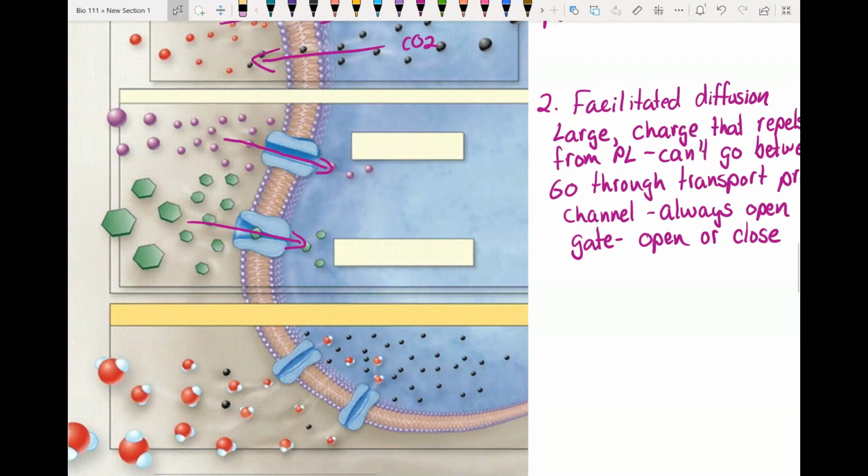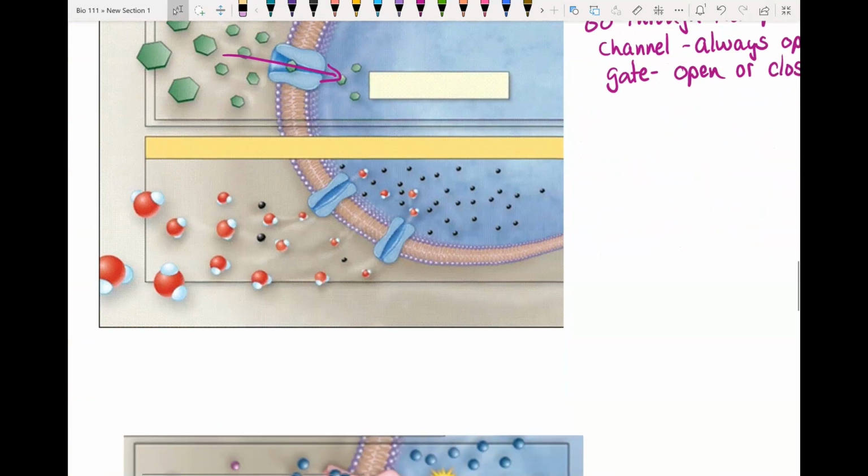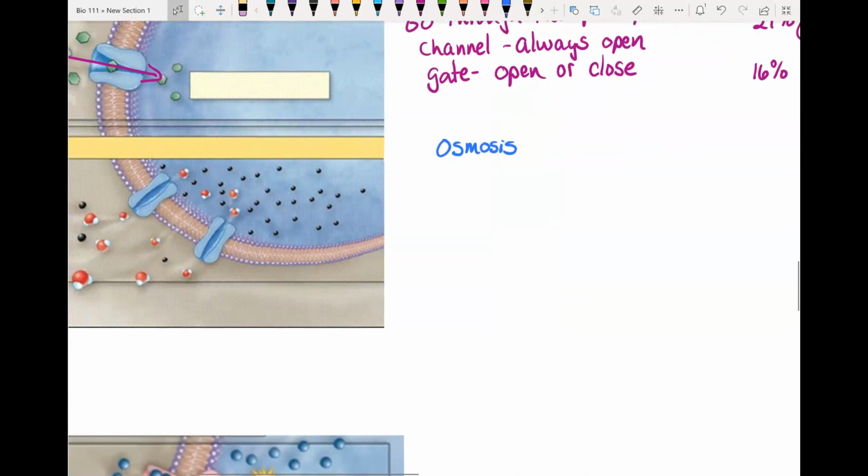All right, let's move on to our next one now, which is osmosis. Osmosis is the diffusion of water. So one of the things to keep in mind about osmosis is it applies to water only. And what's happening here is water is attracted to a solute.